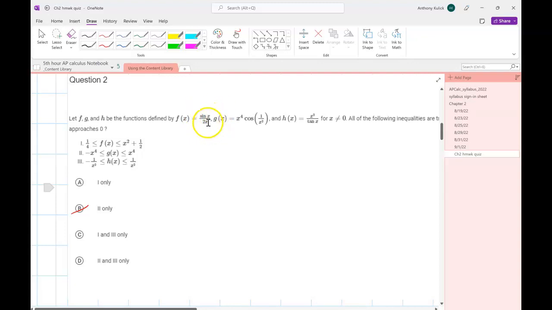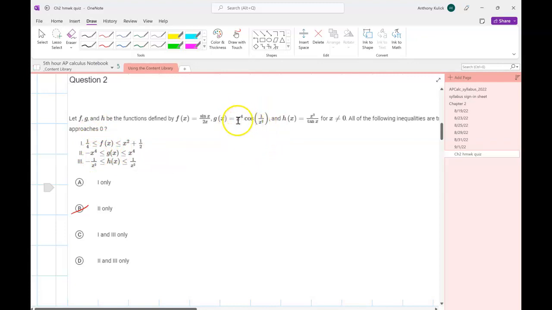So that would be like 1 over pi, which is bigger than 1/4, but this could be -1 over pi also, which is certainly smaller than that. So the fact that this doesn't have any negative on it, I'm kind of out on that.